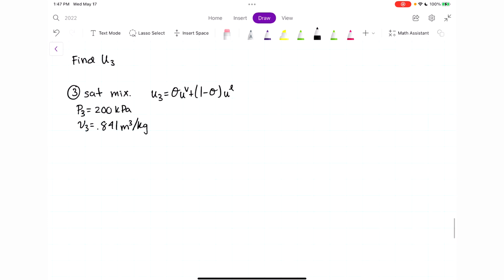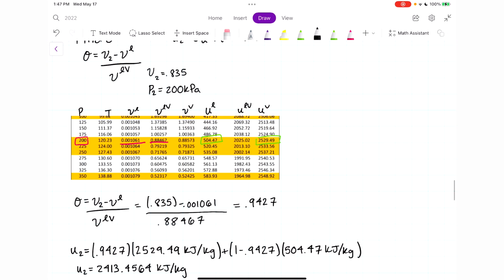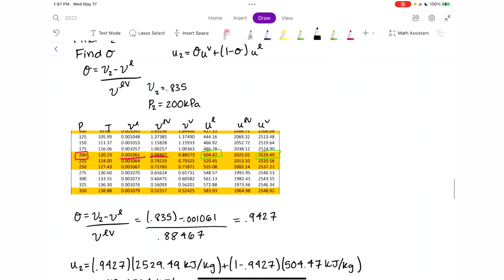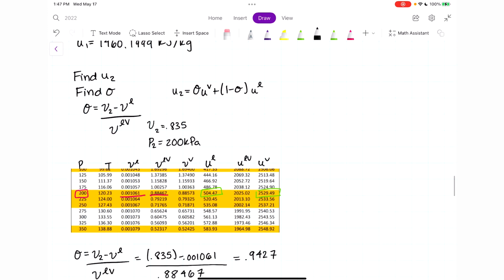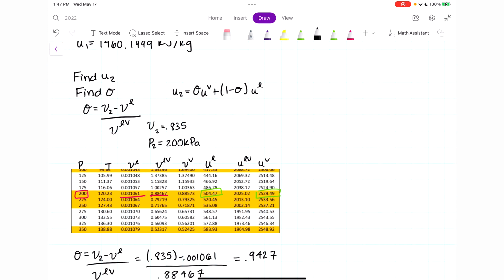The formula for quality is the same as always. I'll write it again. Great. We're going to go ahead and find the specific volume of this state when it's a liquid, so VL. Still, it's the same as last time, right? So VL is still the same as it was for state 2 because we're still at the same pressure.